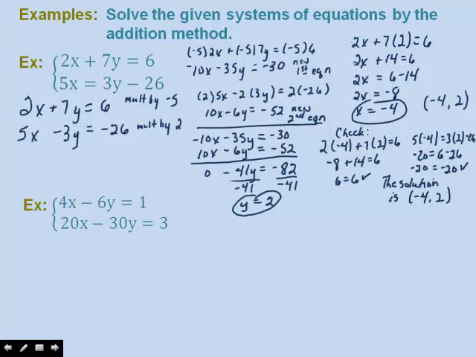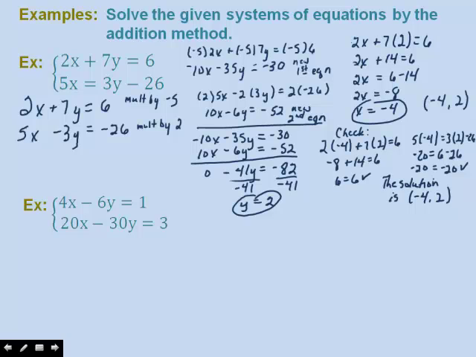Okay, one more example. In this one, we already have our variables and our constants lined up. So let's look for something that we could multiply one of our equations by in order to get one of our variables eliminated. There are two good options for this one. Since we have a 20x here, we could multiply our 4x by a negative 5.